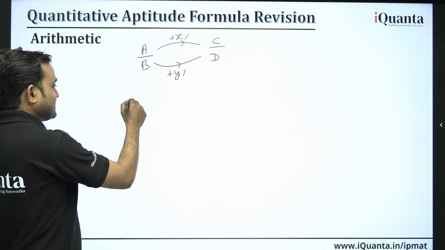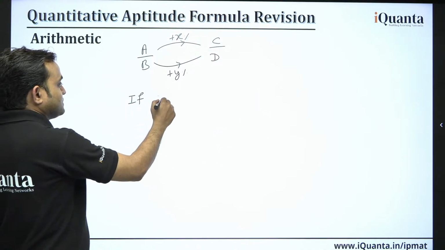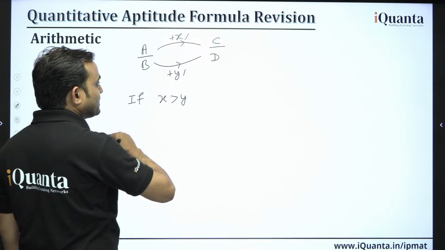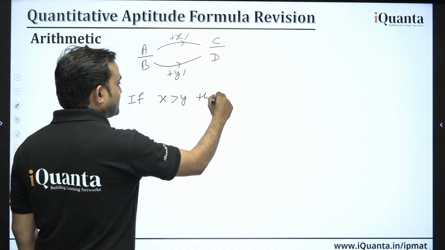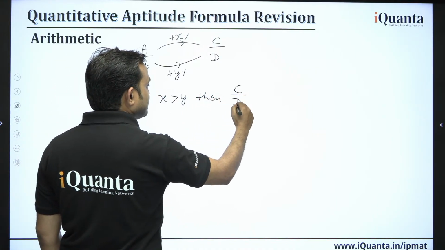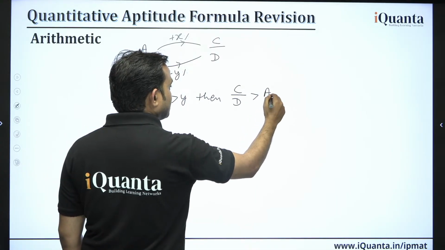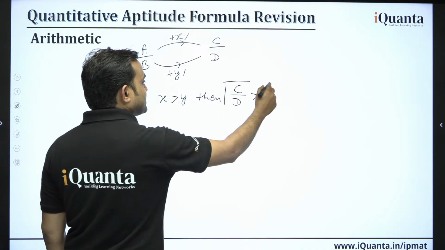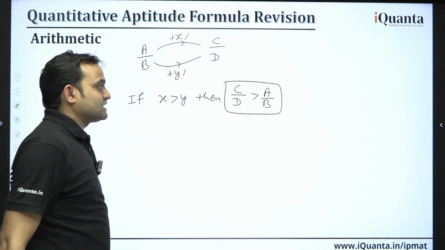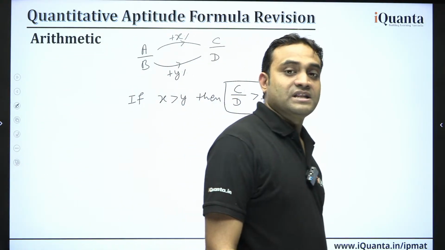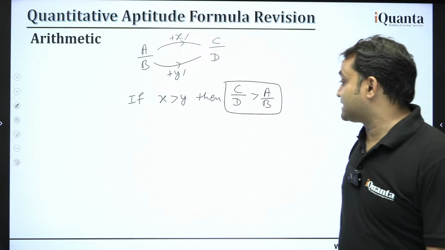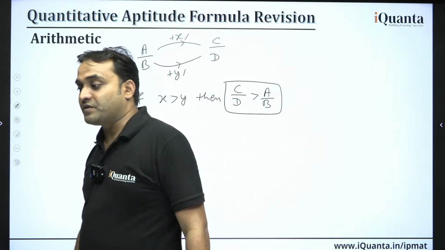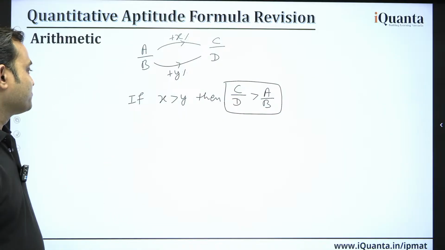Now if it's given that x is greater than y, then we say c by d will be greater than a by b. If the change in numerator is bigger than the change in denominator, then the new fraction will be greater than the previous fraction.